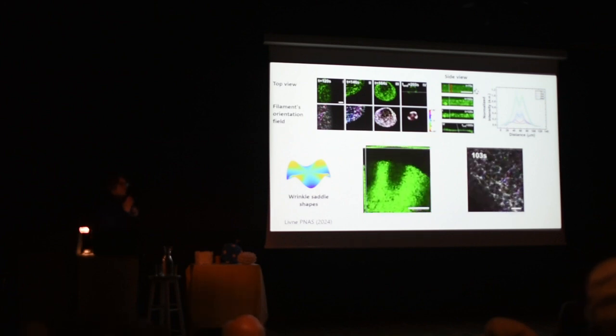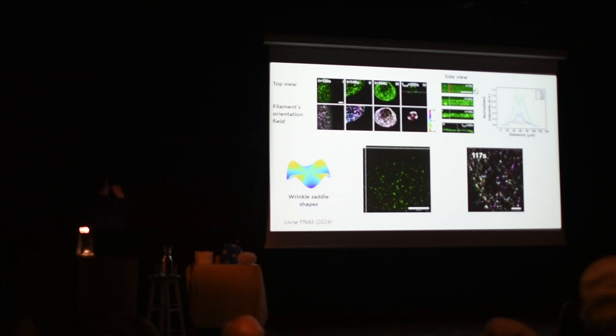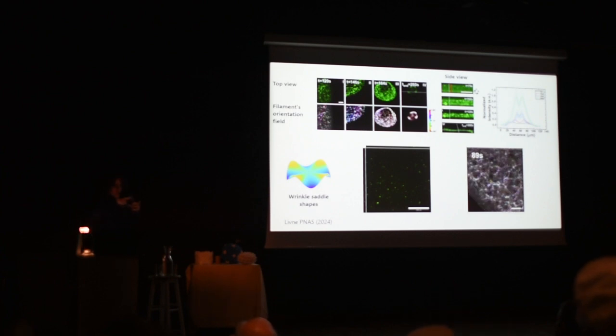So what we found out is that wrinkled shapes form if you take a disk of solution where you put only monomers, you let the system polymerize, cross-link, and start to contract. You start to see these wrinkled shapes when you start with a large and relatively thin disk.